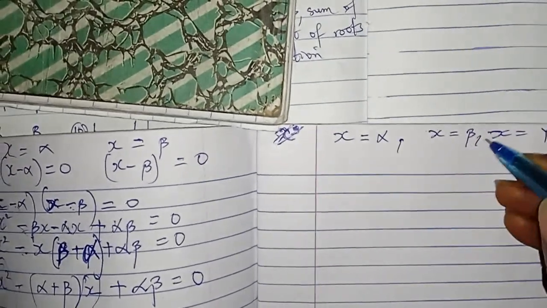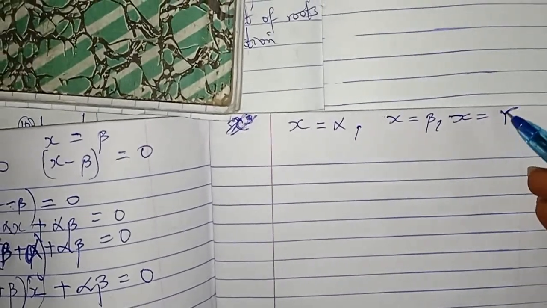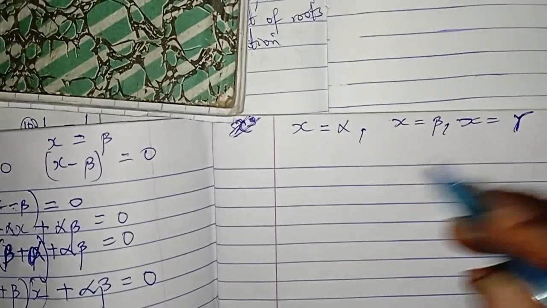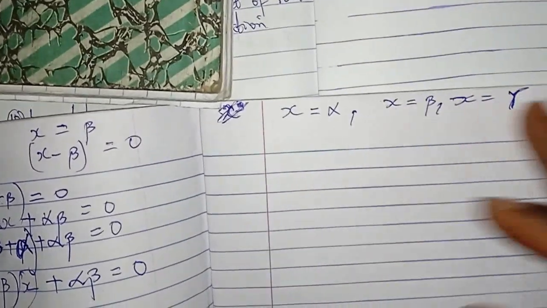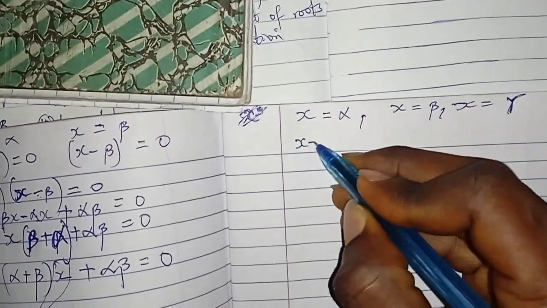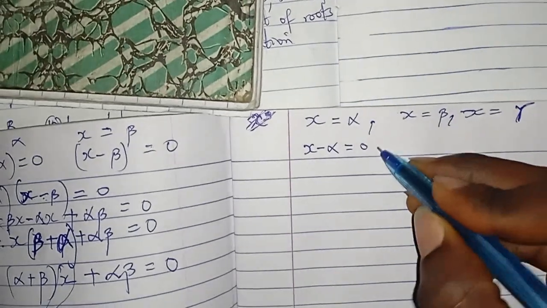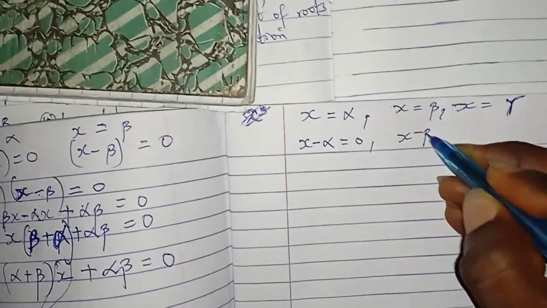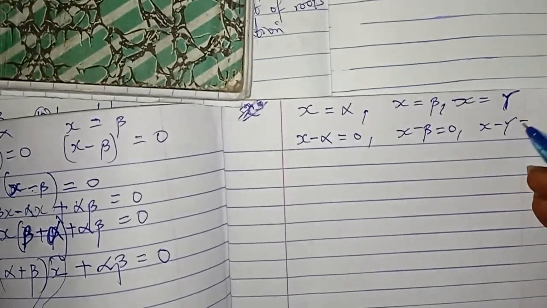For a cubic equation, we assume the roots to be alpha, beta, and gamma. If you want to use any other letters, no problem, but this is the generally accepted standard. So when we cross this, it becomes x minus alpha equals 0, x minus beta equals 0, and x minus gamma equals 0.